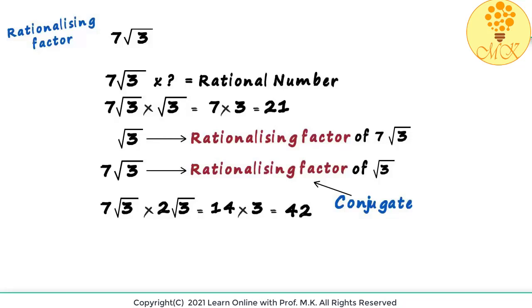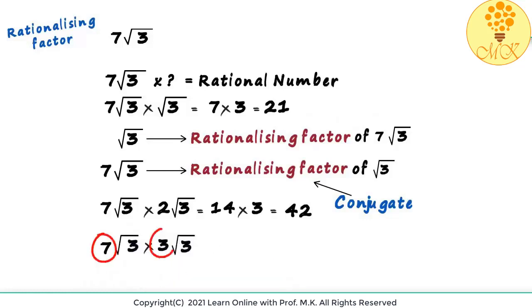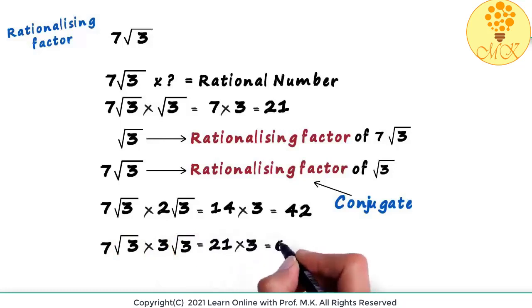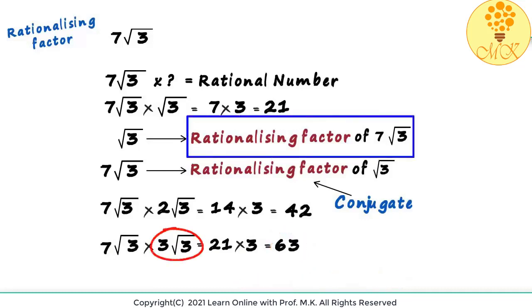Now let's try multiplying 7 root 3 with 3 root 3. 7 multiplied by 3 is 21 and root 3 multiplied by root 3 equals 3. Hence this will equal 21 multiplied by 3, which equals 63. And 63 is also a rational number. So 3 root 3 is also a rationalizing factor of 7 root 3.